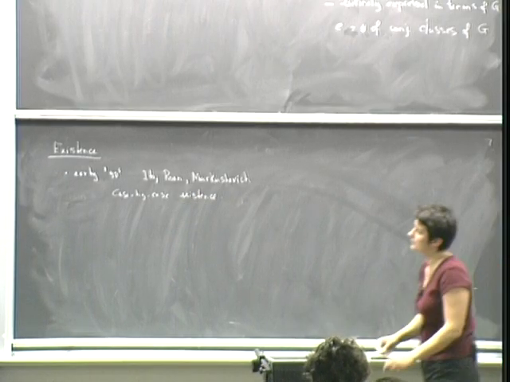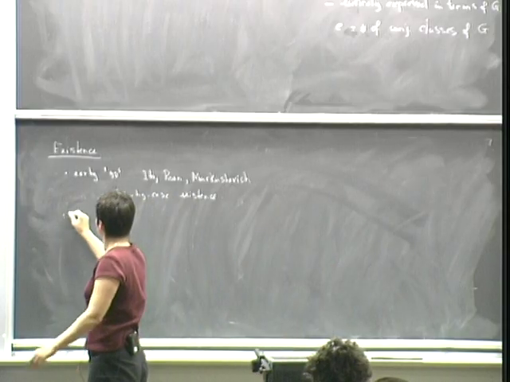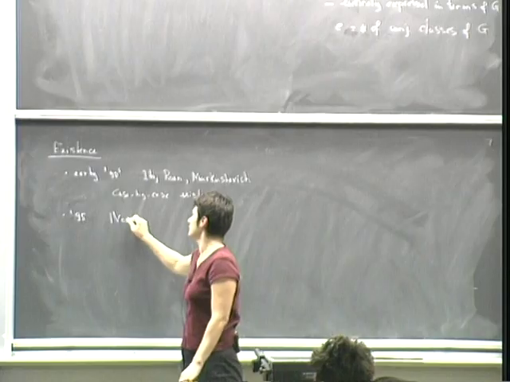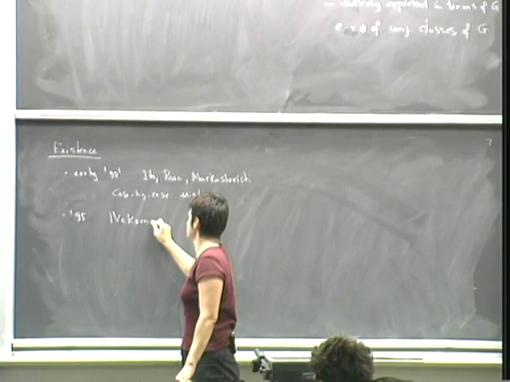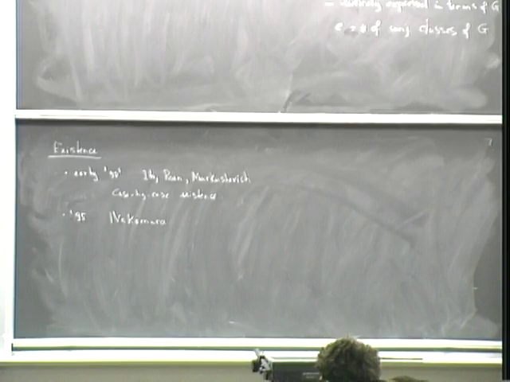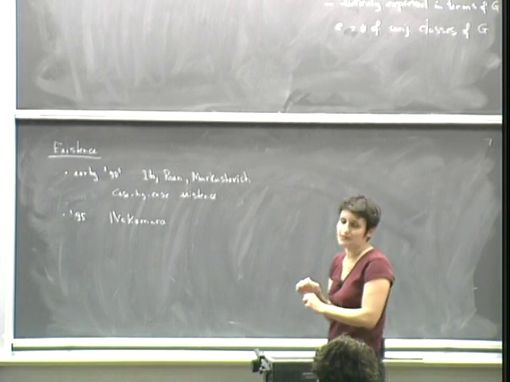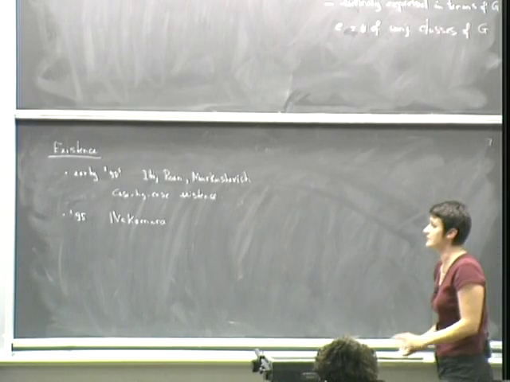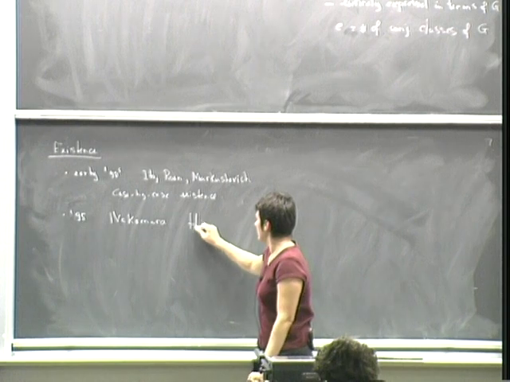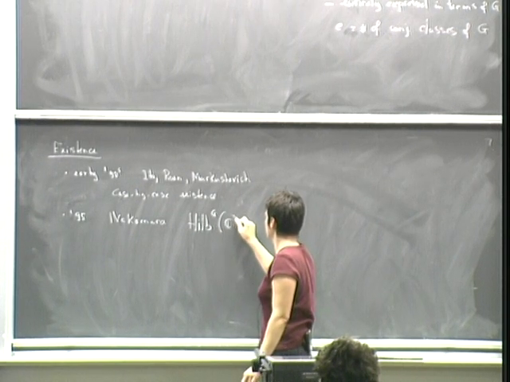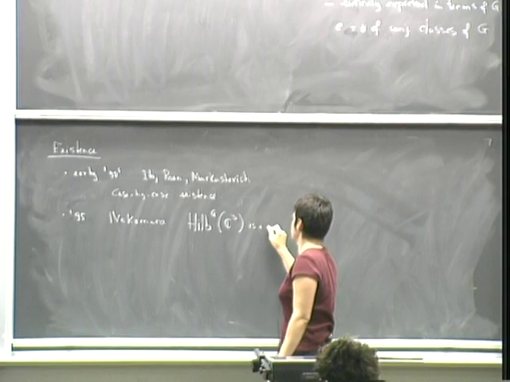And then in 95, Nakamura came along and conjectured that a Crepant resolution of C3 mod G is given by a certain Hilbert scheme, which we now call the Nakamura-Hilbert scheme. So Hilb^G C3 is a Crepant resolution.